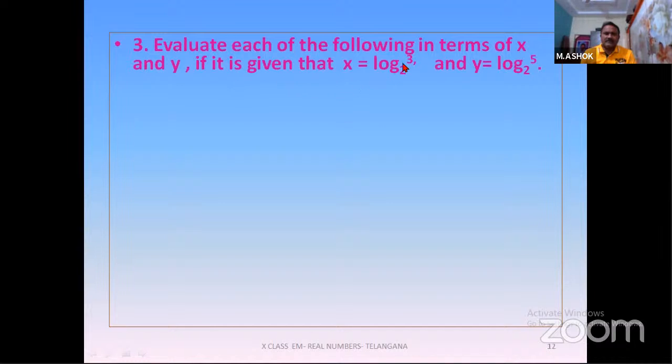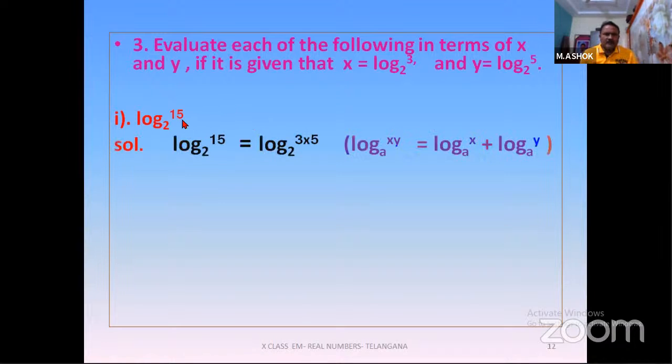The first bit is log 15 base 2. So you have to express this value in terms of x and y. How? I am writing 15 as 3 into 5.